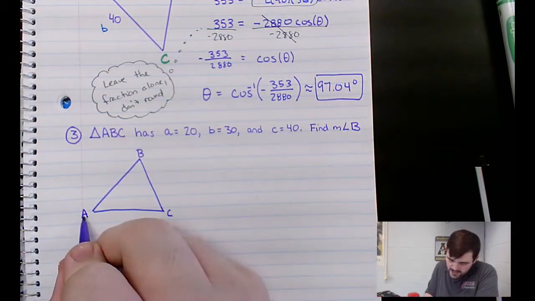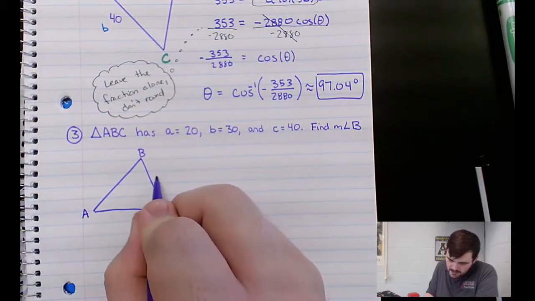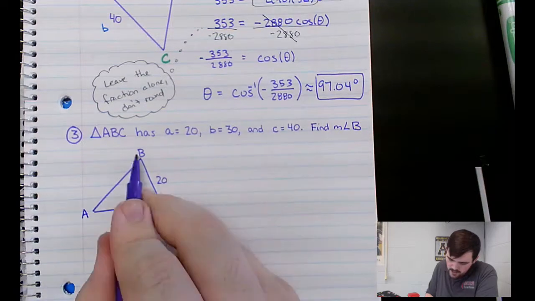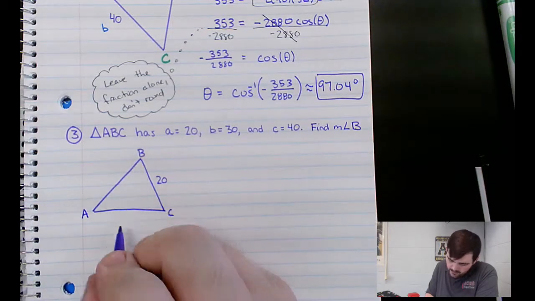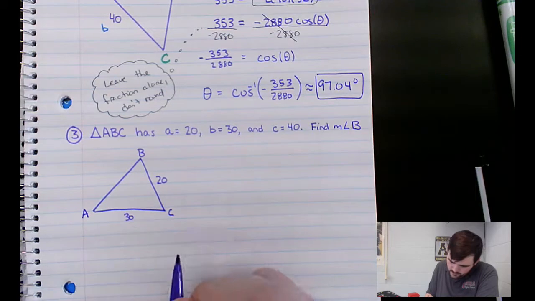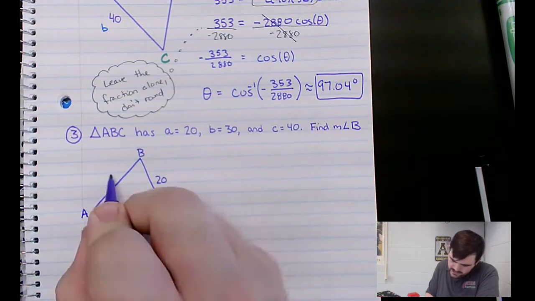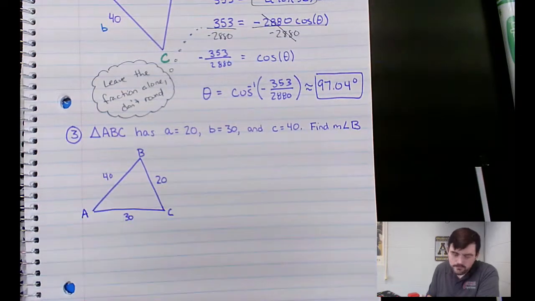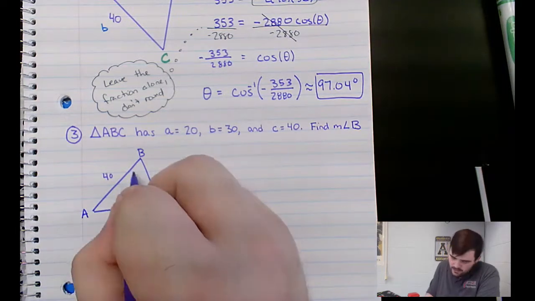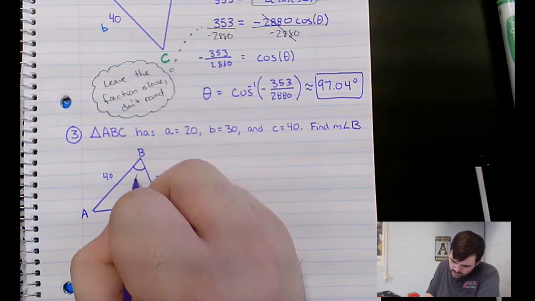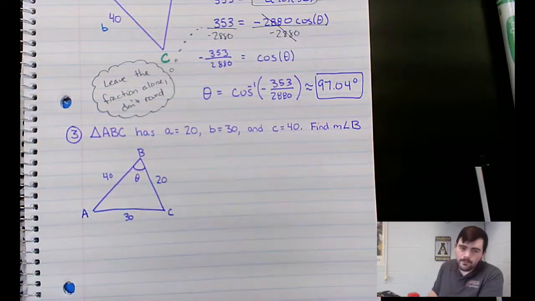Now, if this is A, then this must be 20. If this is B, then 30 must be on the bottom. And if this is angle C, then this side must be 40. And I'm trying to find the measure of angle B. That would be this angle right here, which I'll call theta.